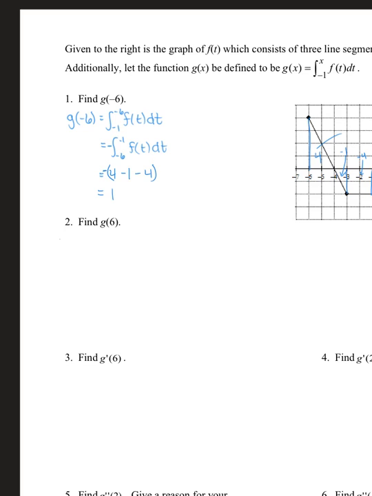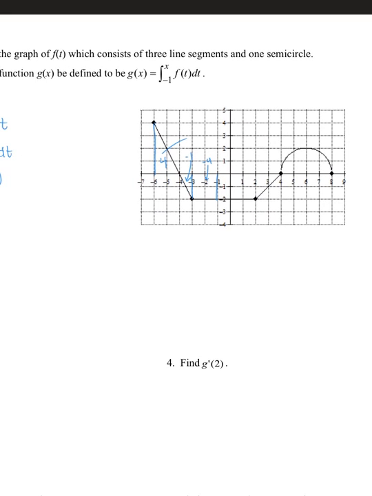To find g of 6, we plug in 6 for x. Over here, we are looking from -1 to 6. This area right here ends up being 6. This area right here, sorry, this is -6.